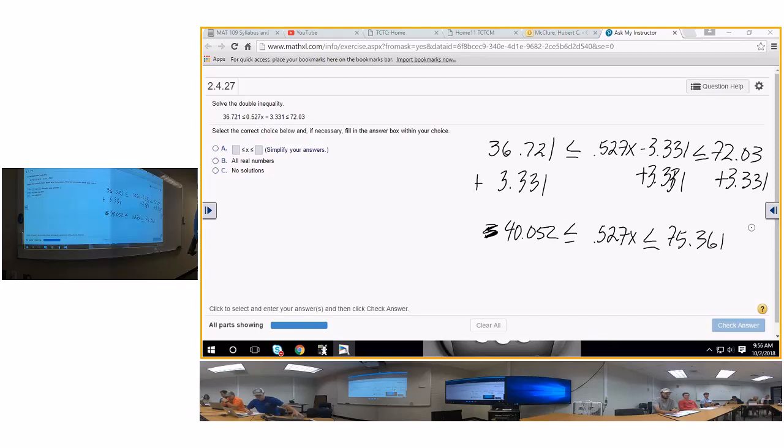Now, divide by 0.527. And somebody give me the answer. We'll have x in the middle.